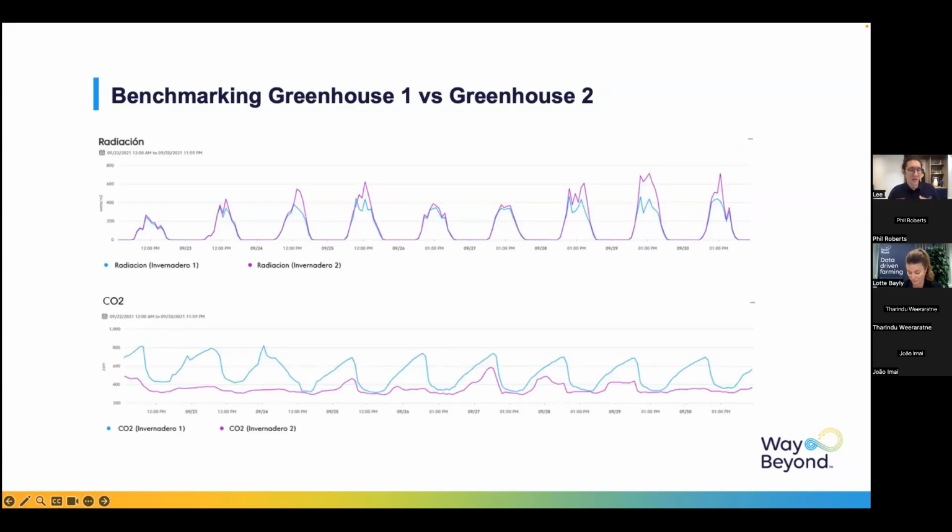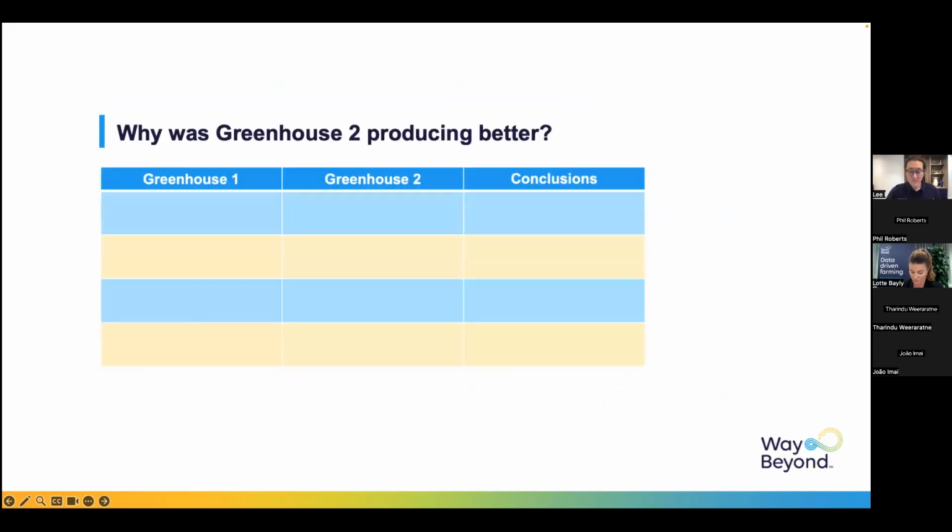So now that we can visualize the data, let's look at what this actually means. So for temperature, greenhouse 1 had lower night temperatures, which means that greenhouse 2 had higher average 24-hour temperatures. And higher 24-hour average temperatures are generally better for plant health and production.